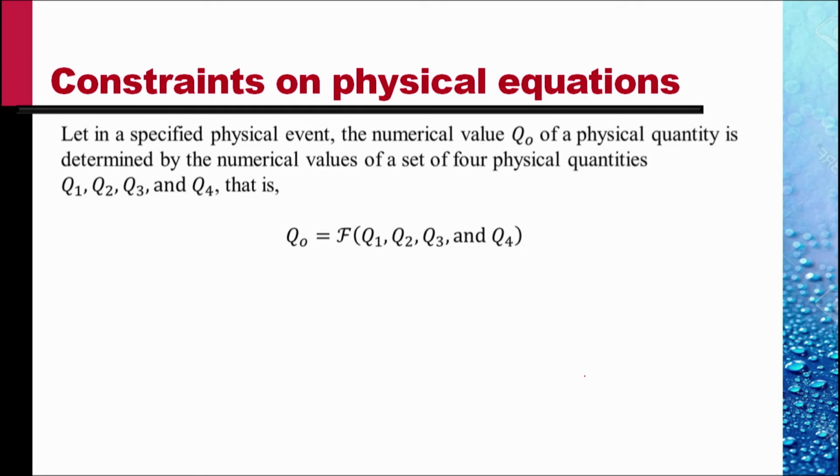Let, in a specified physical event, the numerical value Q0 of a physical quantity be determined by the numerical values of a set of 4 physical quantities, Q1, Q2, Q3, and Q4. That is, we can write Q0 as a function F of Q1, Q2, Q3, and Q4.